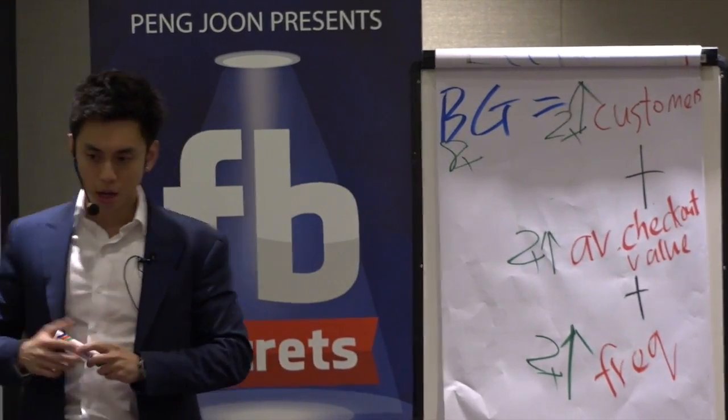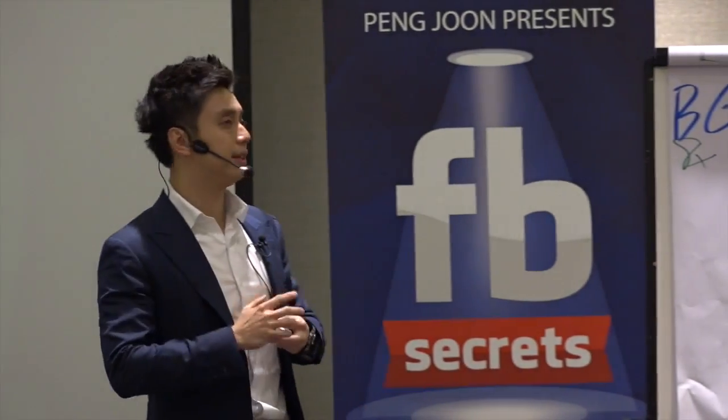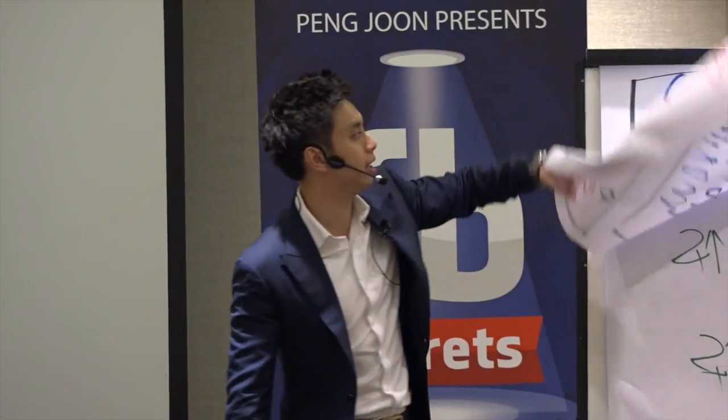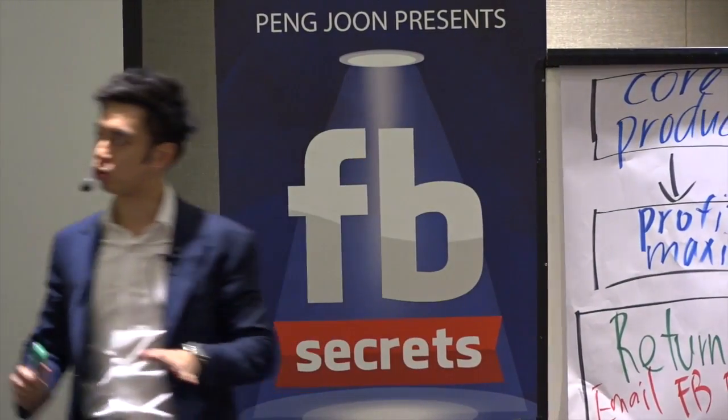So if you take a look at this model, how does this translate back into this model? It's really this. The first one is to double your website visitors, right?